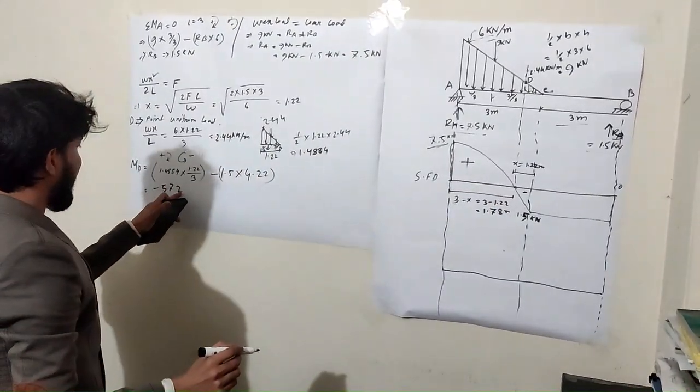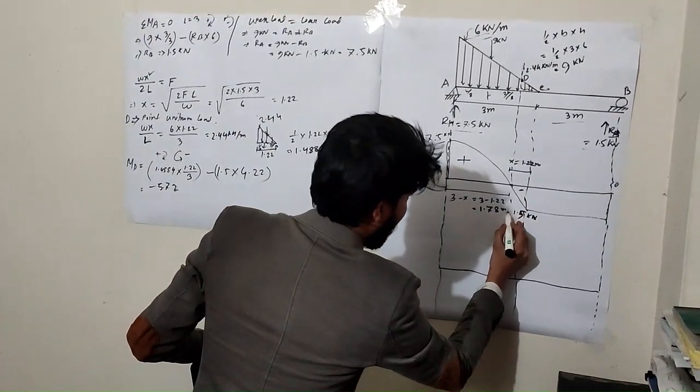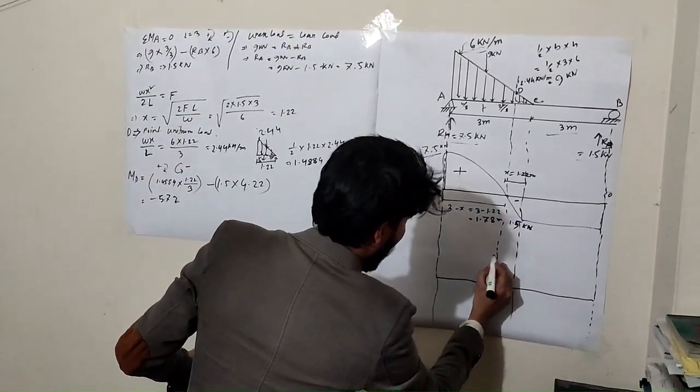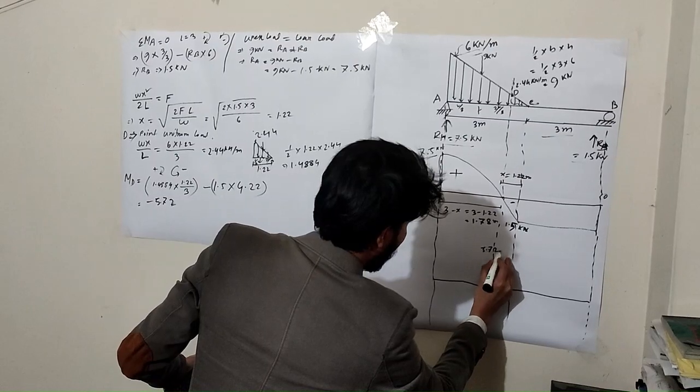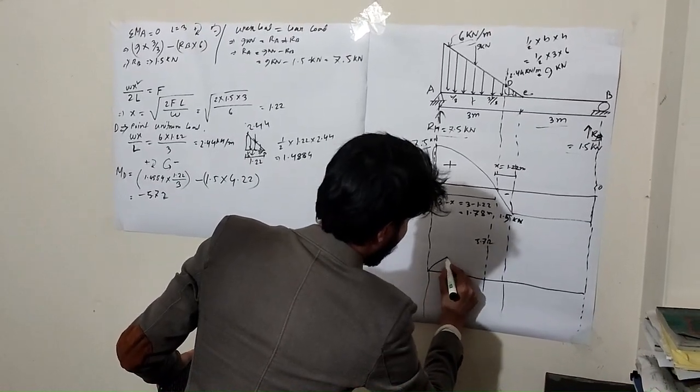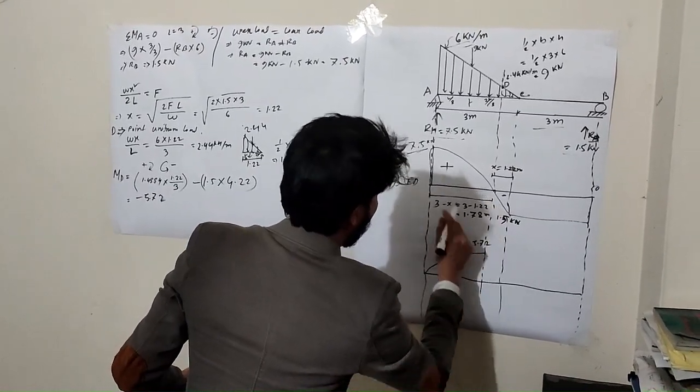So we find 5.72 kilonewton meter bending moment. It is a curve.